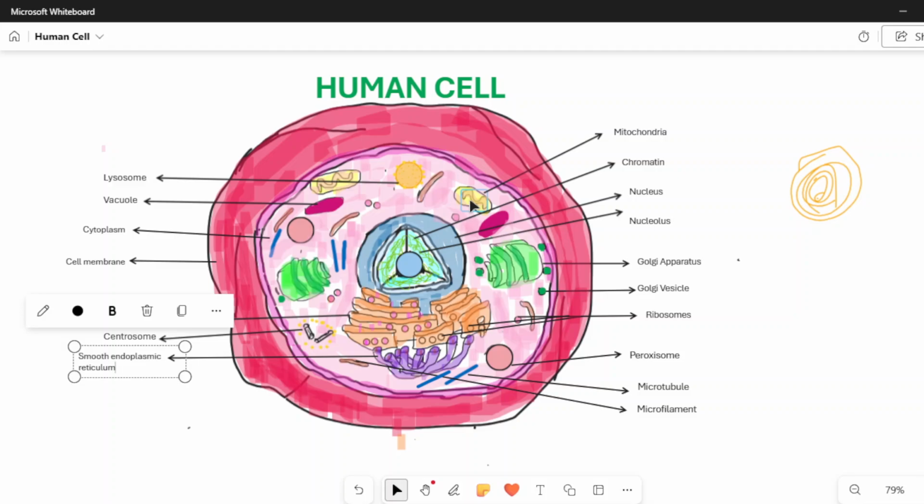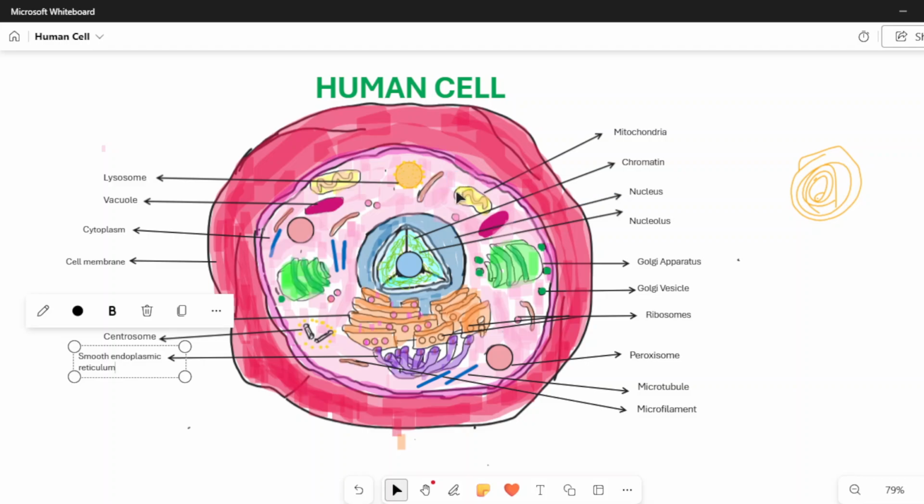Mitochondria is called the powerhouse of the cell. It uses the nutrients which are absorbed into the cell and oxygen to produce some small batteries called ATP. So it basically generates power. So that energy which is generated by mitochondria is used by all the organelles.